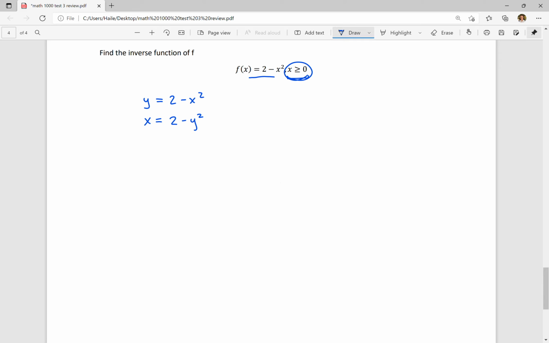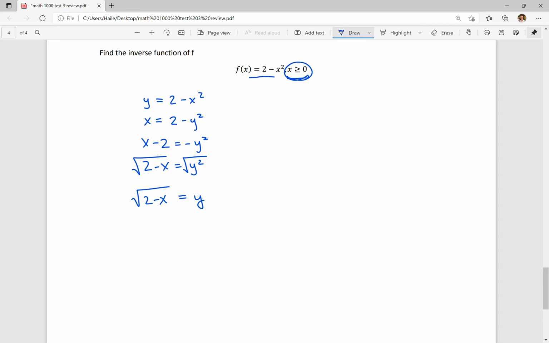So we'll have x minus 2 is equal to negative y squared. We can divide by the negative sign on the right. So we can say 2 minus x is equal to y squared. And finally, we can take the square root of both sides. So we'll have the square root of 2 minus x is equal to y.